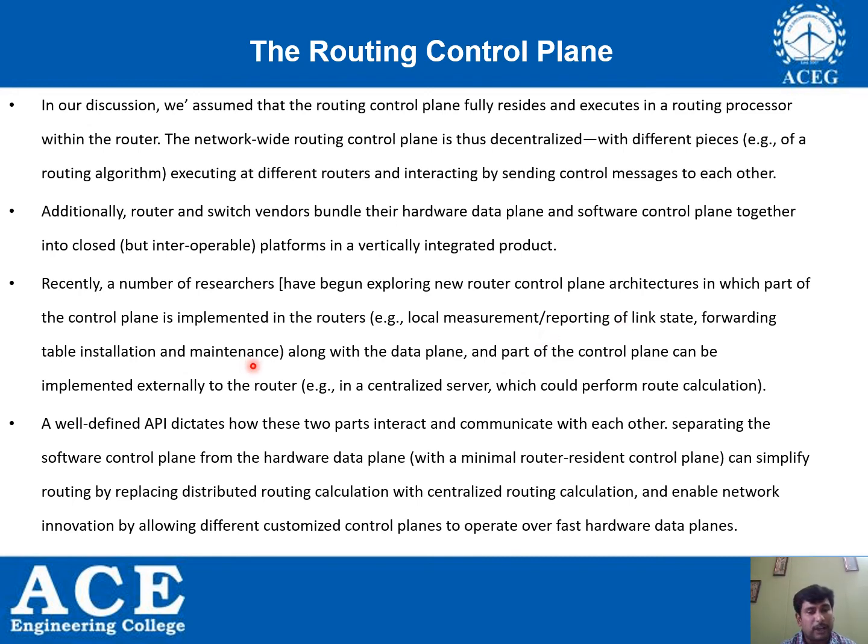These are a few functions, part of the routing control plane, that will be implemented inside the router along with the data plane, which is taken care of by the switching fabric and input and output ports, and a part of the control plane can be implemented externally to a router. So the control plane is not executed completely inside the router; only a part of it is done inside, and the remaining part is done externally to the router in a centralized server.